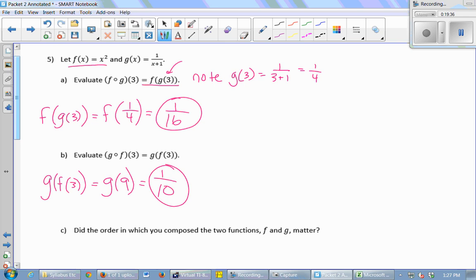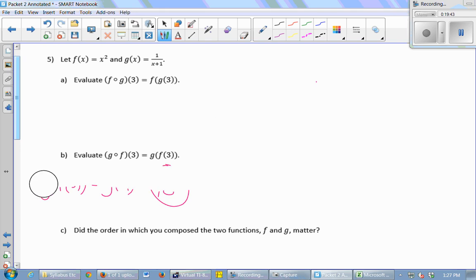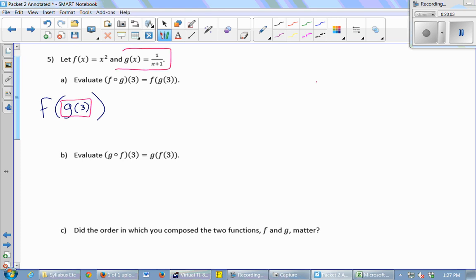Okay, let me go back and do it again. If I want to do f of g of 3, before break we learned how to evaluate just g of 3. Look at the formula for g of x: g of x is 1 over x plus 1.